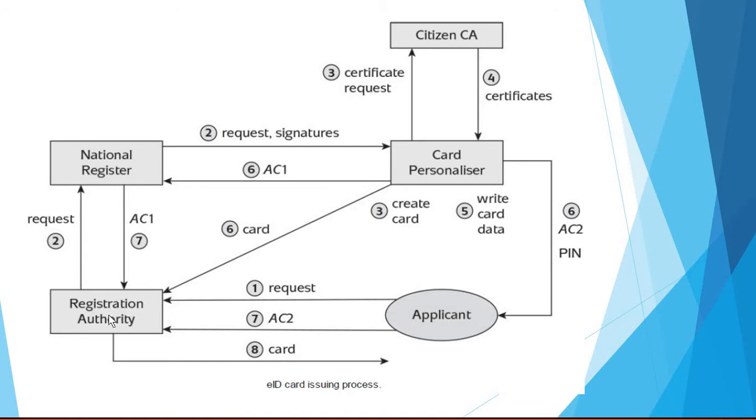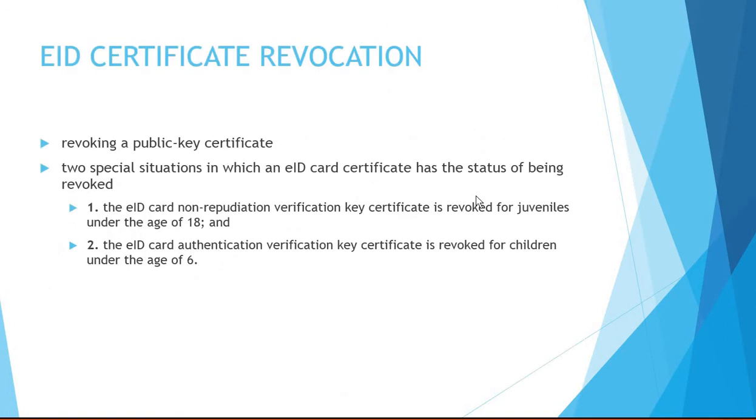Now the registration authority has received the card from the card personalizer. It will be forwarded to the applicant. So in this way, see here, who will perform the card generation and writing the personal details and the address details? The card personalizer. He only will create the card and write the details onto the card.